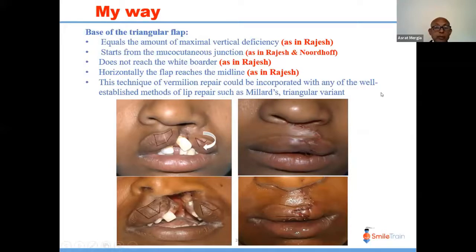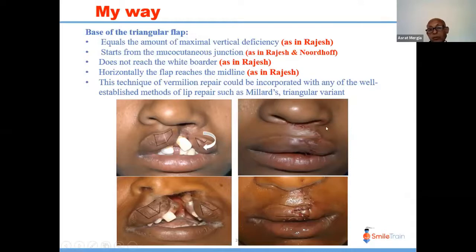And two, the flap starts below from the mucocutaneous junction or from the red line. This is how Noordhoff does, and how the Rajesh method is described. And the flap does not reach the white border. As you can see, this is how Rajesh does it, so I do it the same way. Horizontally, the flap reaches the midline. It reaches here. This is how Rajesh does, but Noordhoff is a bit short of it.